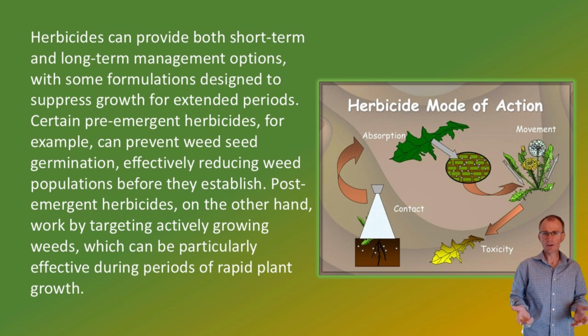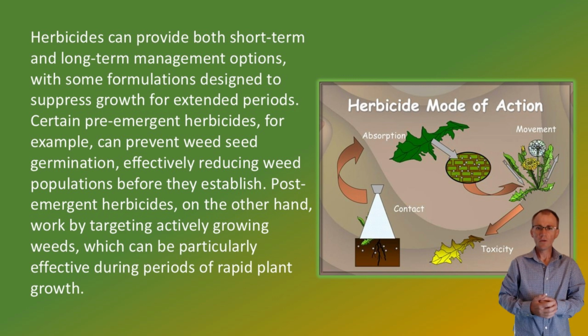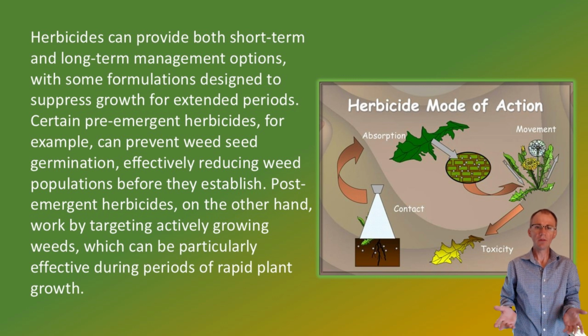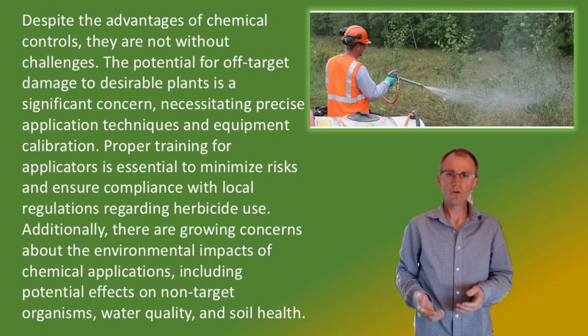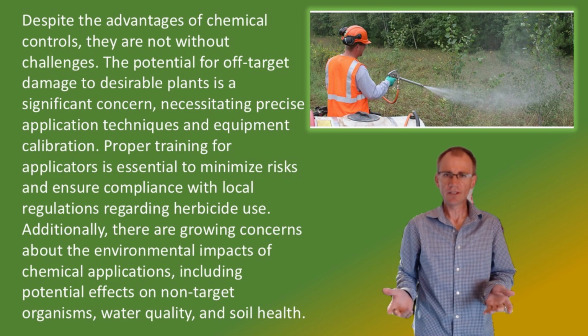Certain pre-emergent herbicides, for example, can prevent weed seed germination, effectively reducing weed populations before they establish. Post-emergent herbicides, on the other hand, work by targeting actively growing weeds, which can be particularly effective during periods of rapid plant growth.